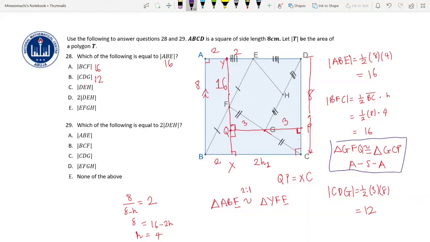So it means that this side length here is equal to this side length here. But this side length, that is CP, is equal to XQ, because opposite sides of a rectangle are equal. So it means this is going to be half the height of this triangle here, which we earlier got to be 4. So from here is going to be 2, from here is going to be 2. That means CP is going to be 2. So let me just put that. CP is 2. Okay.